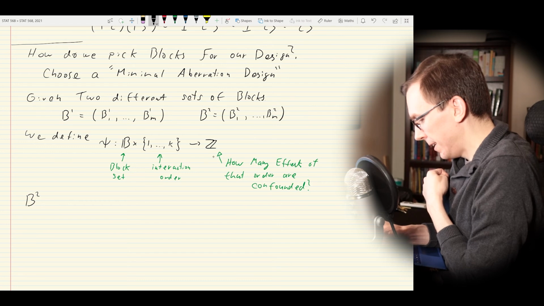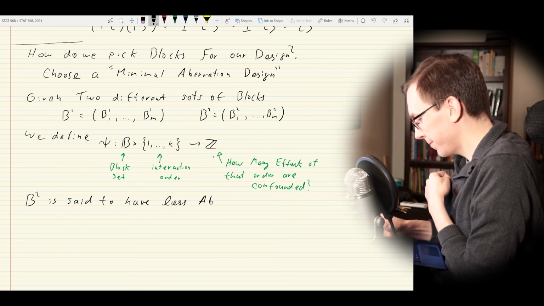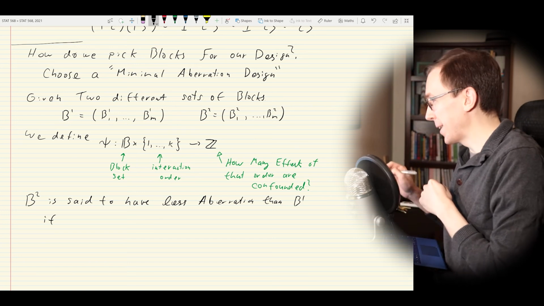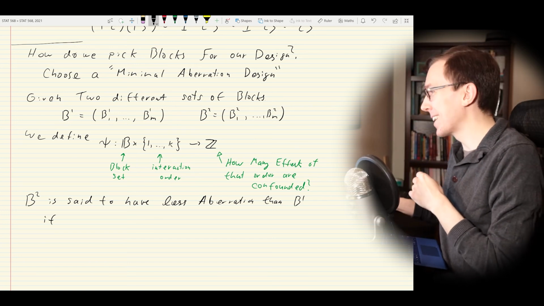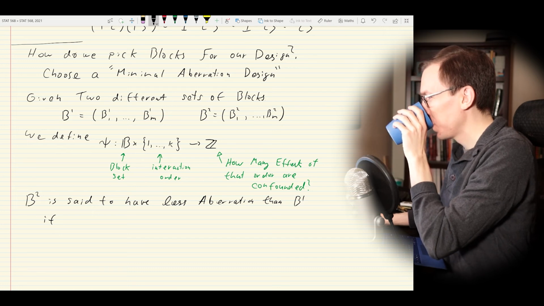So the idea is that B2 is said to have less aberration than B1 if, now I've got to make sure I use English correctly to get this right, so let's take a second.